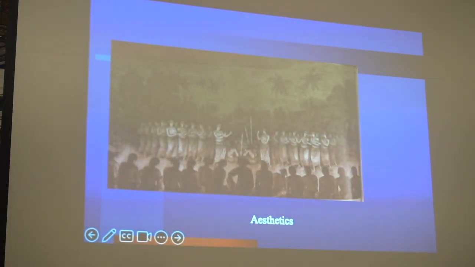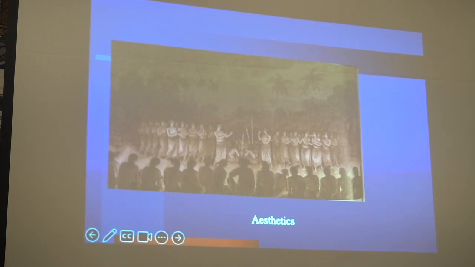There was a common set of aesthetics that governed them. They had a similar sense of artistic value. They had similar designs for all their tapa cloth. Their canoes had similar designs. Their tattoos and things of that nature were common throughout all of Polynesia.